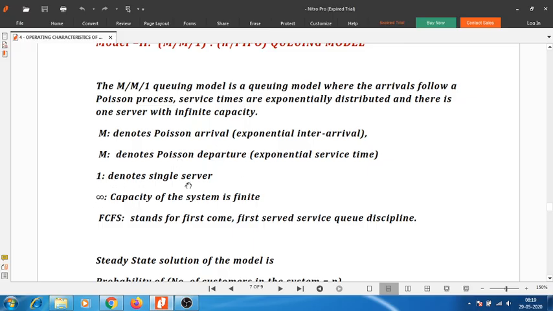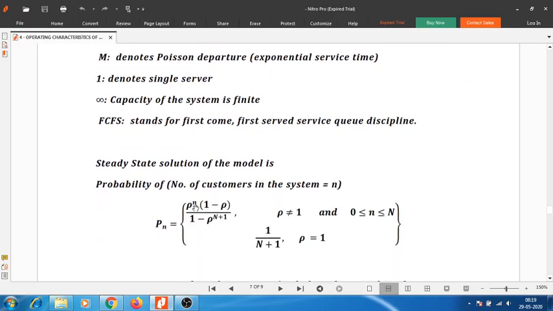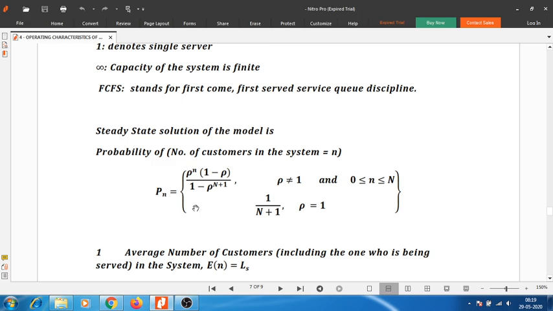The number of service channels is also only one. Only here the capacity is finite, so instead of infinity we can write small n. This is the only change. And the service pattern here is first in, first out.